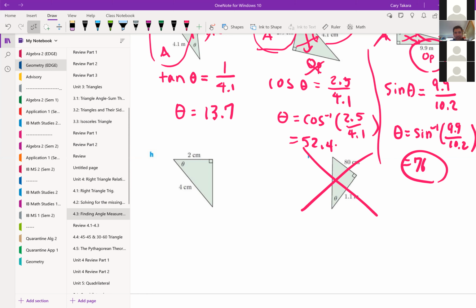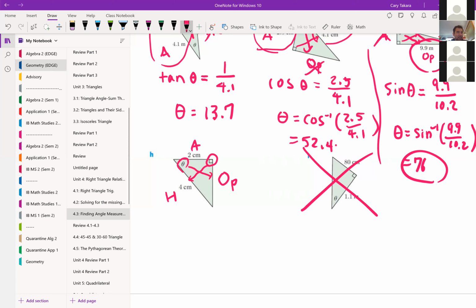So let's take a look, okay? Let's label. So this is opposite, right? Because it's opposite of the angle, the focus angle. Hypotenuse is across from the 90 degree. So that's the hypotenuse.